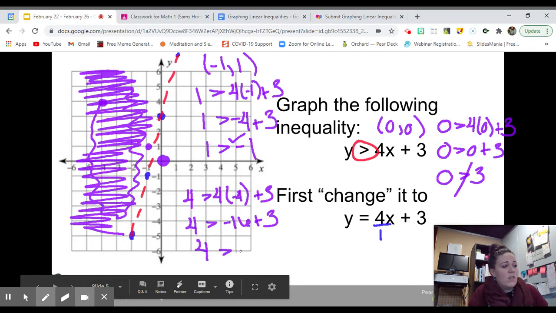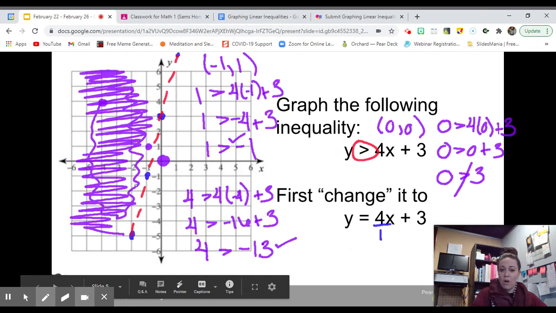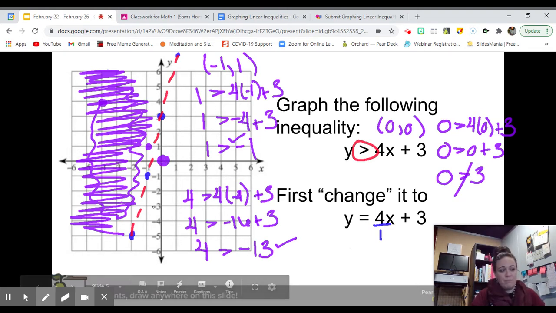Is 4 greater than negative 13? Yes, it is. So any point above that line happens to make that particular inequality a true statement, which is why we are shading in everything that is above the line. We did not shade anything below it because 0, 0 was not a solution.